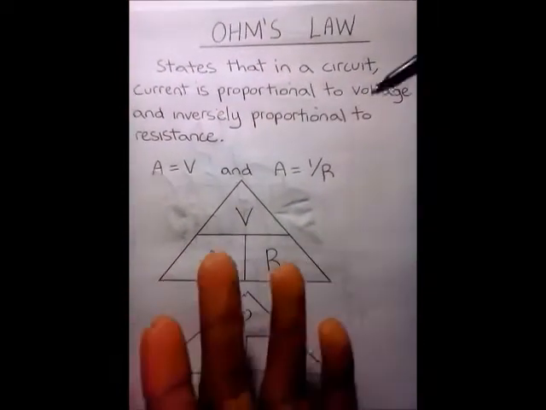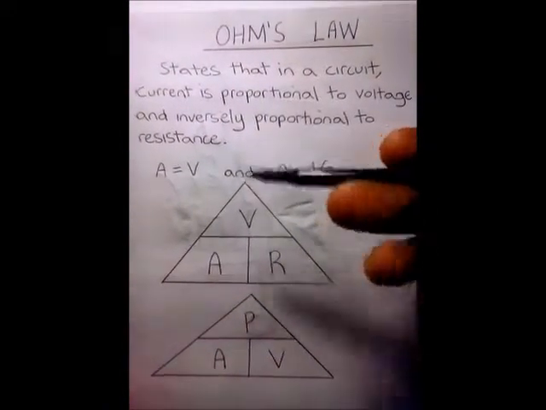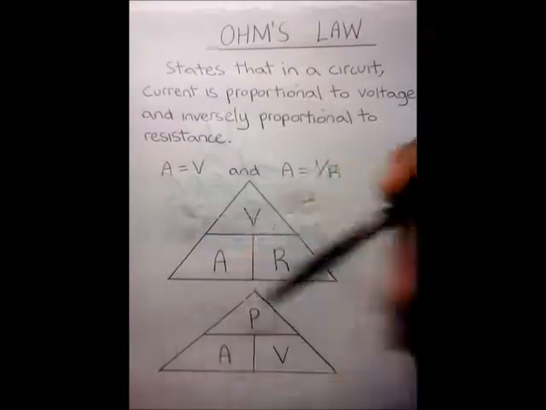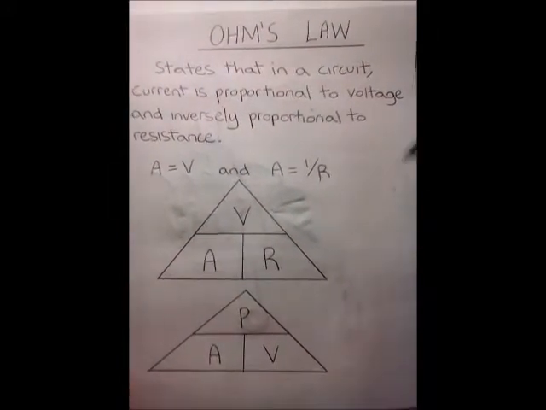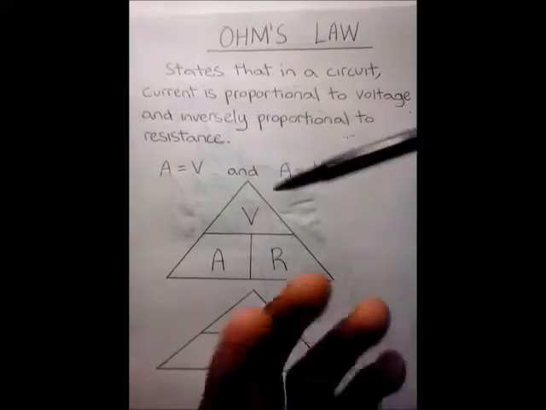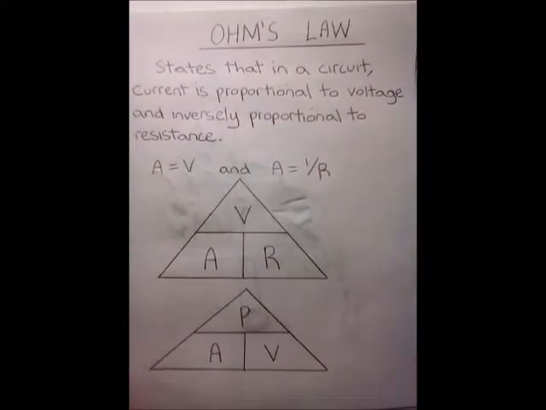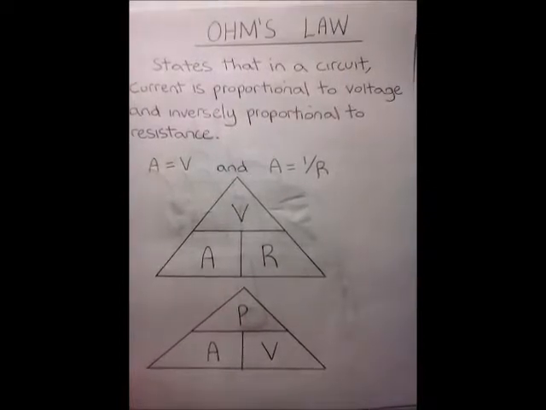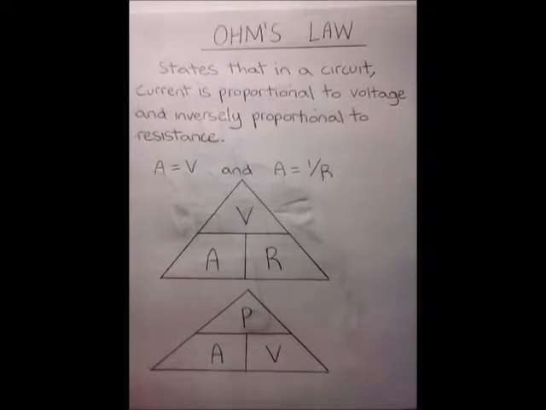So that simply means that it's proportional. More pressure, more current flow. Resistance is any force that opposes the flow. So if resistance increases, or if the force that stops electrons from flowing increases, then current will decrease.